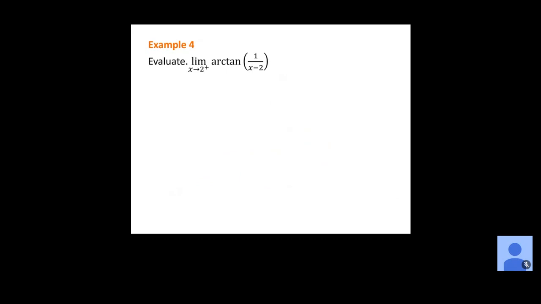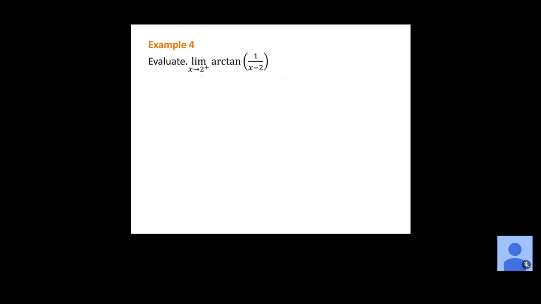All right. So now we want to find the limit as x approaches 2 from the right of the arctangent of 1 over x minus 2. All right, so here's what we have to think about in this case.